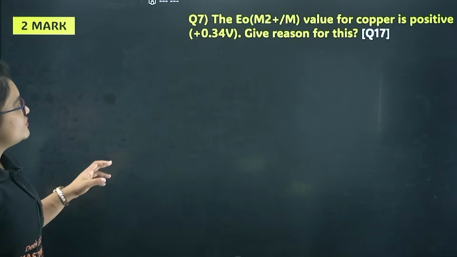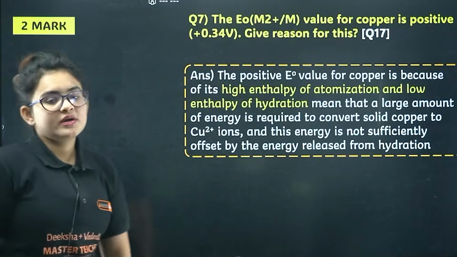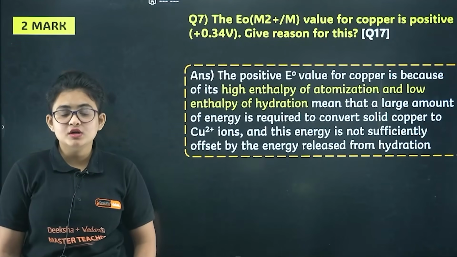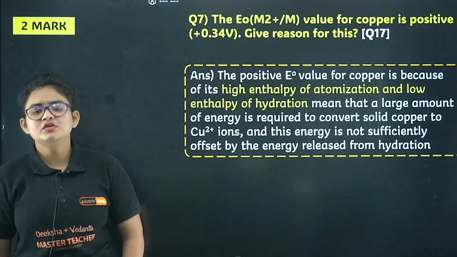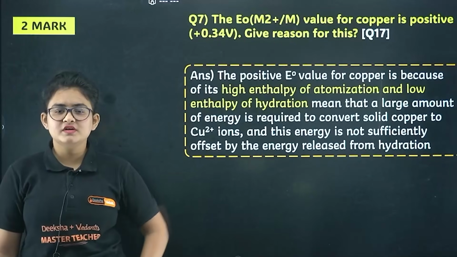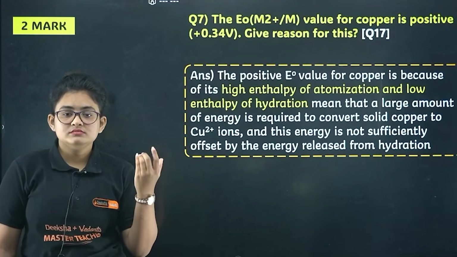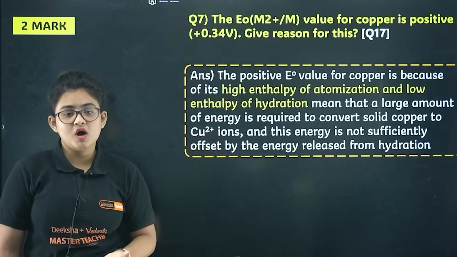The E0 of M2+/M value for copper is positive. The reason is high enthalpy of atomization and low enthalpy of hydration. It means a large amount of energy is required to convert solid copper to Cu2+ ion, right? And this will be counterbalanced by the hydration.